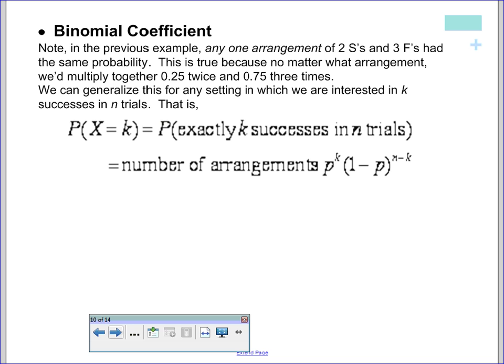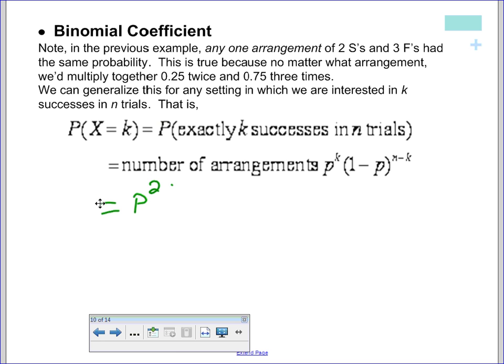And this is the number of arrangements in a binomial setting. Last time there were 2 successes and 3 failures. So the probability is going to be p to the exactly 2 times.